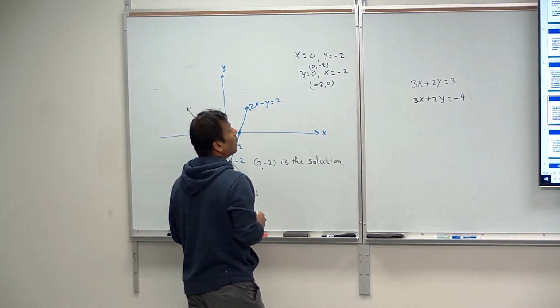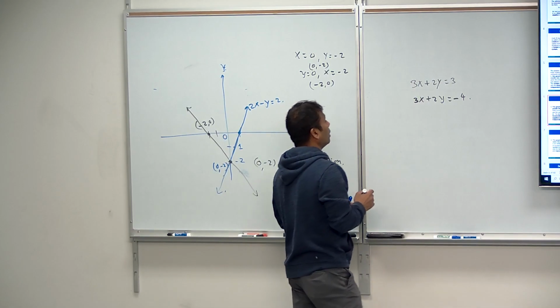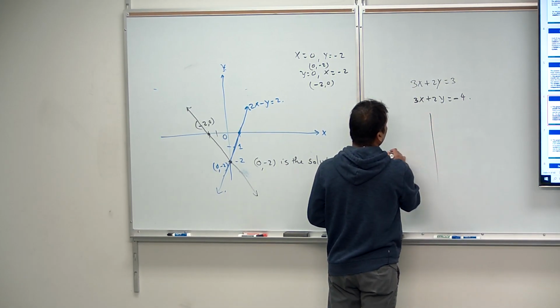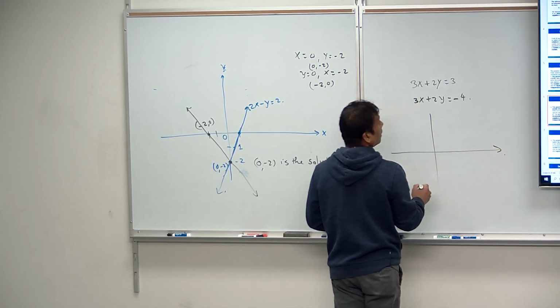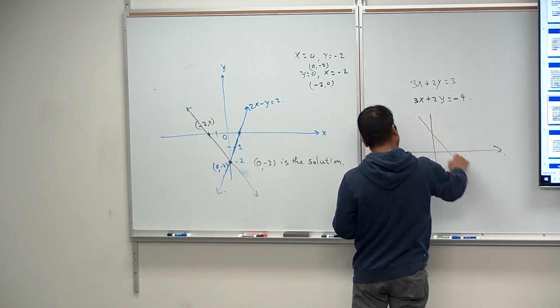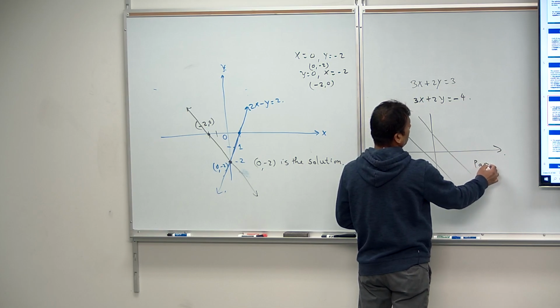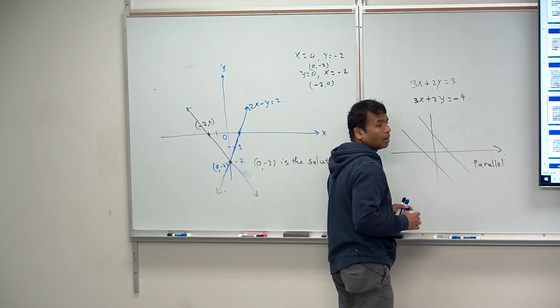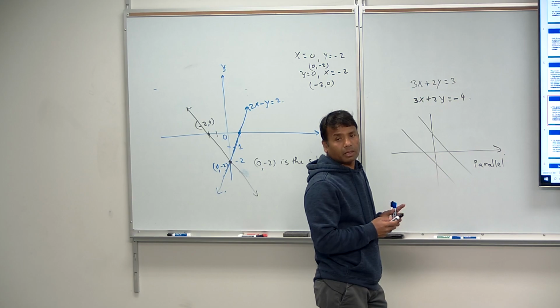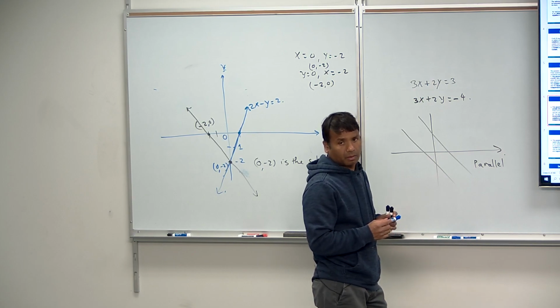Now in this case, if you draw the graph of both equations, it looks like this. They are parallel. They never intersect, right?